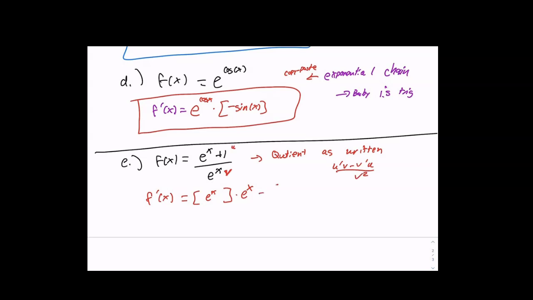Minus e to the x, which is the derivative of e to the x, times what? E to the x plus 1. E to the x is something different. So everything's over e to the x, parentheses squared. Very good.